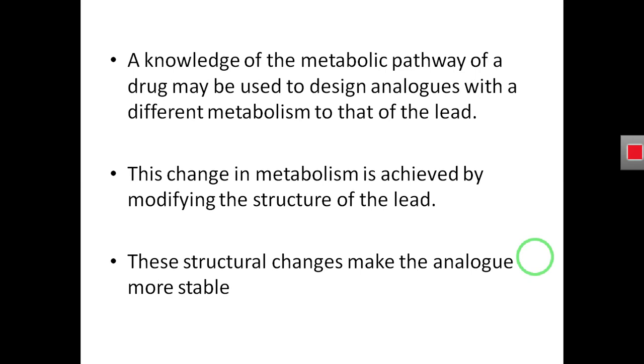So you are making an analog of the previous drug by doing structural changes, and this analog is more stable, so it cannot be metabolized by the liver phase 2 enzyme and cannot be excreted from the body of the patient, giving a longer duration of action.